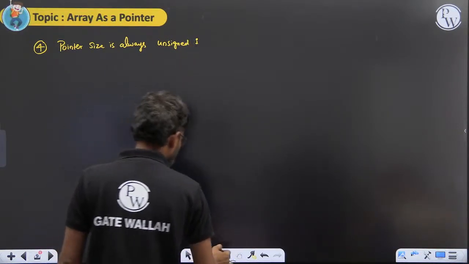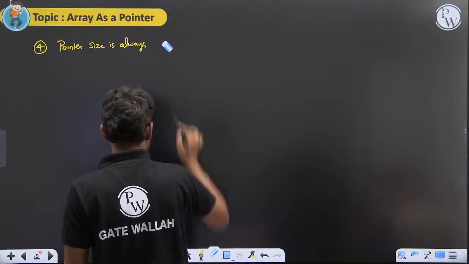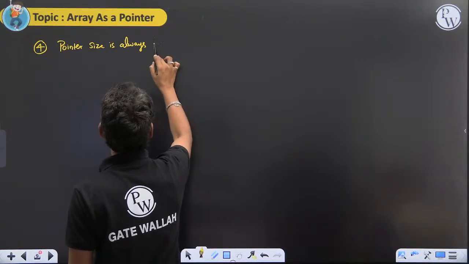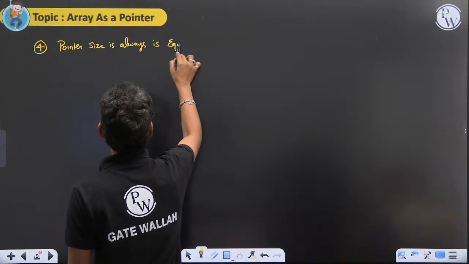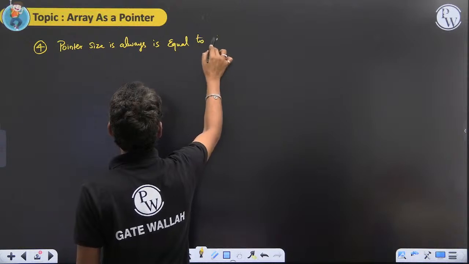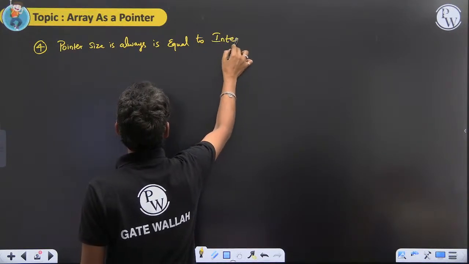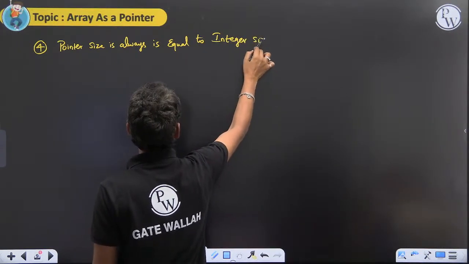Okay, unsigned or signed, there is no difference in terms of size. So pointer size is always equal to integer size.